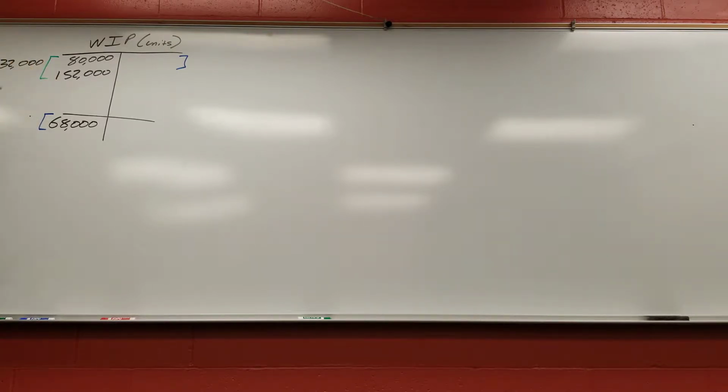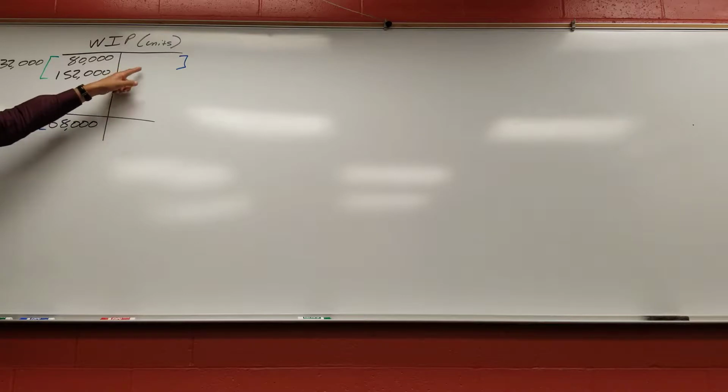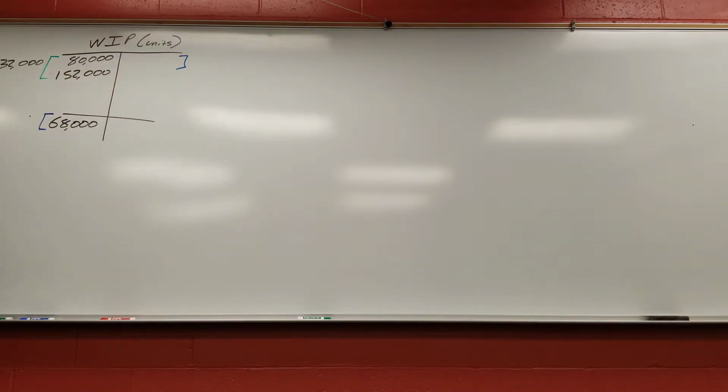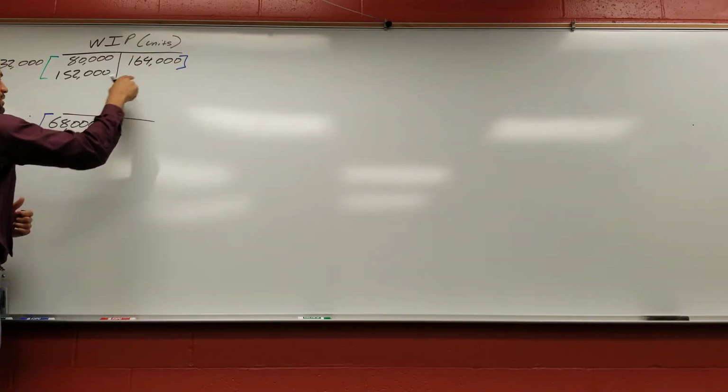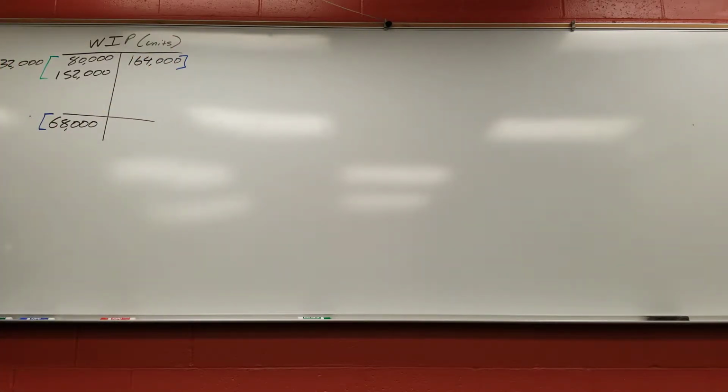That's the total amount of units we're going to account for. 232,000 minus 68,000 will tell us the units that got transferred out, and that should equal 164,000. 164,000 plus 68,000 will get us 232, so we are fully reconciled.